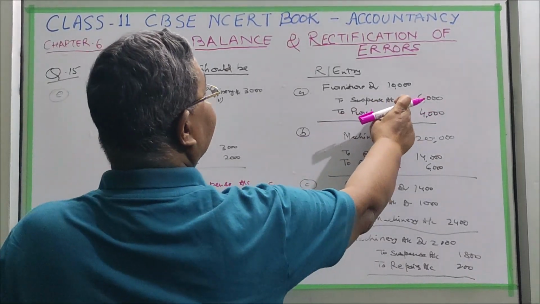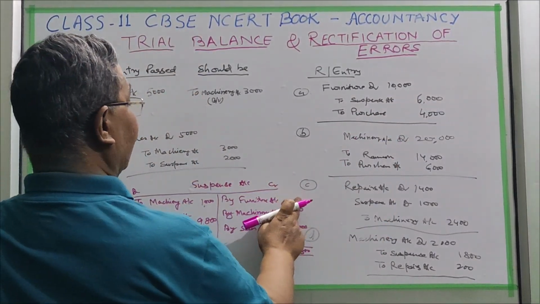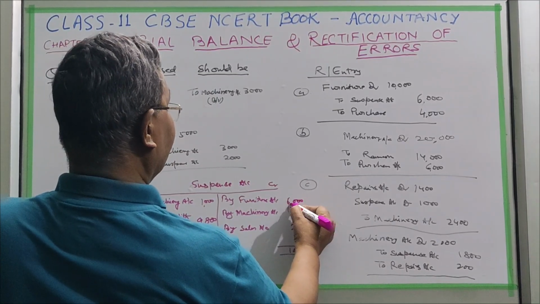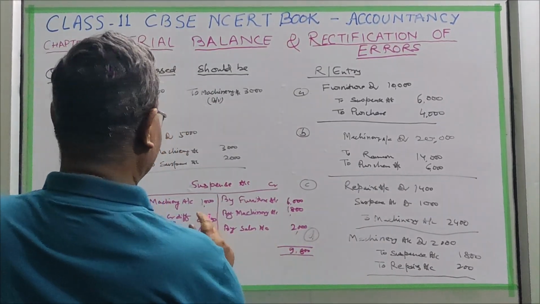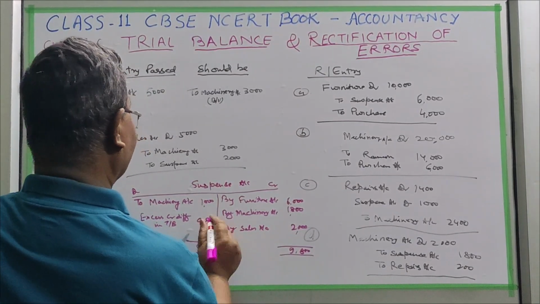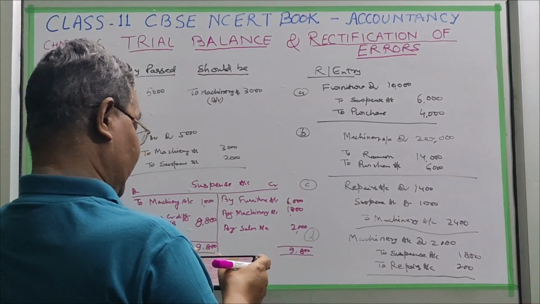So suspense will become 6,000 instead of 7,000. That's why the suspense account was not matching. Now it is 8,800 and the answer is okay.